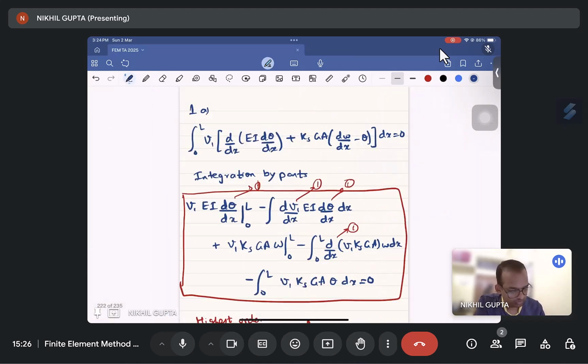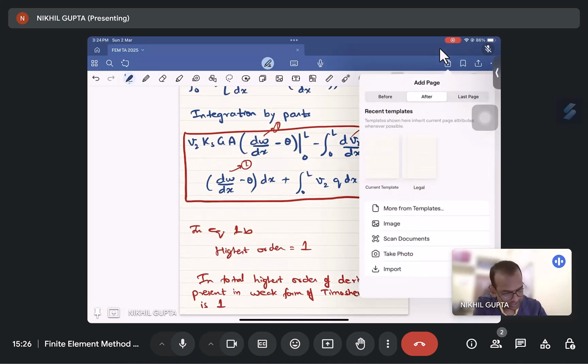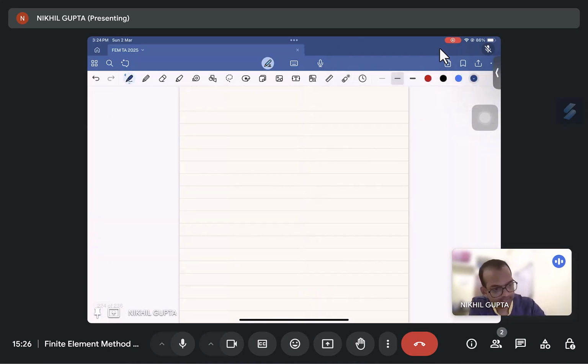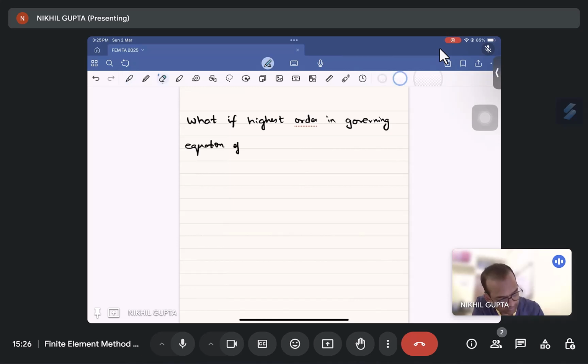Now let me ask one more question. Let's make a spin-off of this question. What if the highest order in the governing equation, or the strong form, is asked?